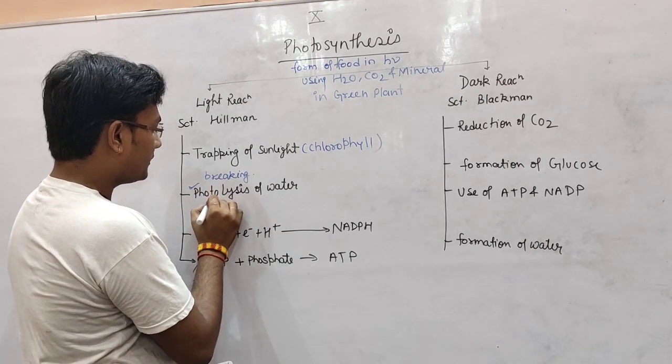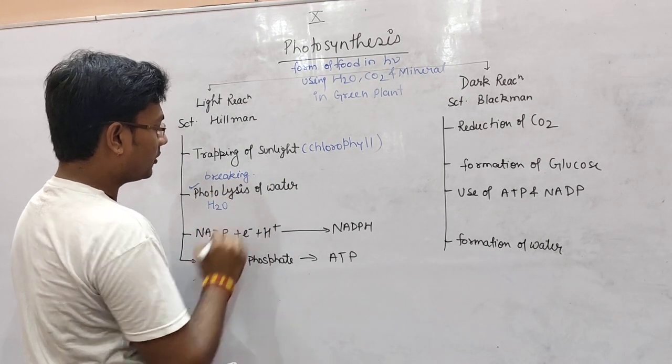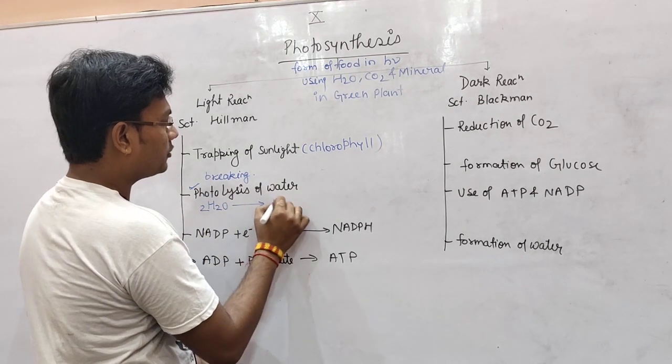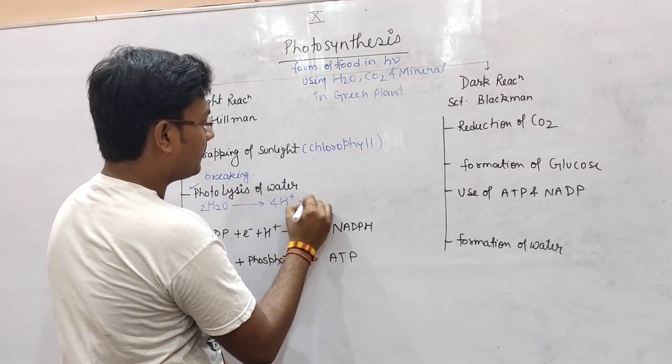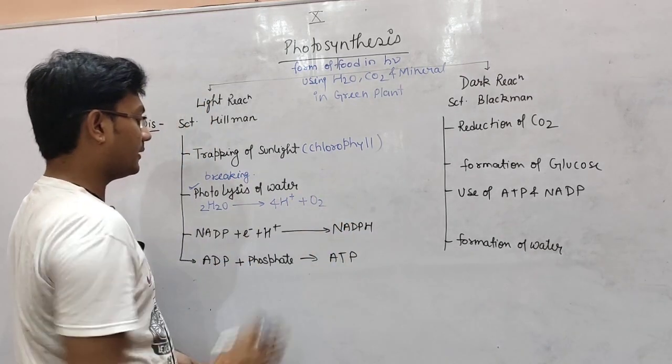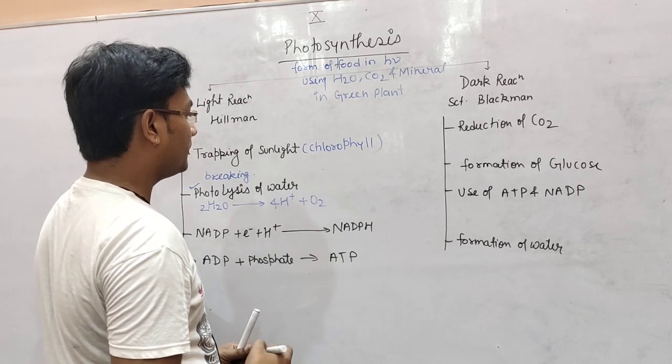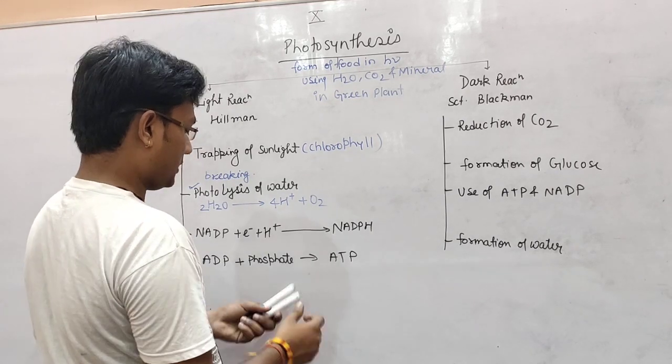We symbolize that using a reaction, breaking of water. We take two molecules of H2O, which break into 4 hydrogen ions plus O2. That is a balanced equation. 4 hydrogen ions and oxygen.